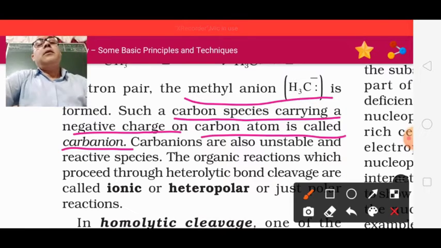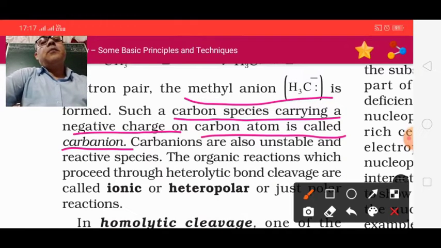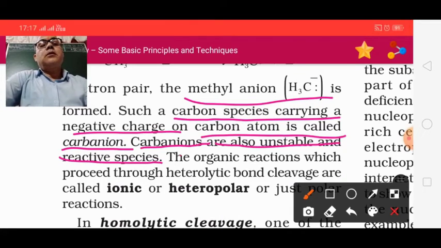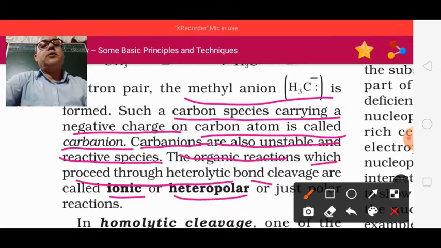It has a complete octet. The order of reactivity of carbanions will be different from carbocations, just opposite. Carbanions are also unstable and reactive species. The organic reaction which proceeds through heterolytic cleavage is called ionic or heteropolar.